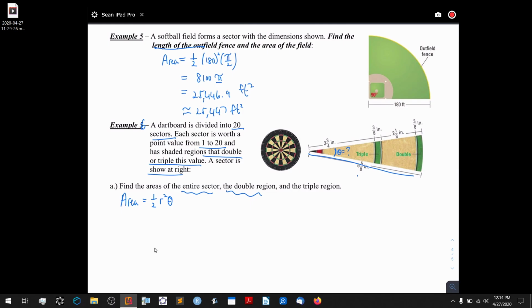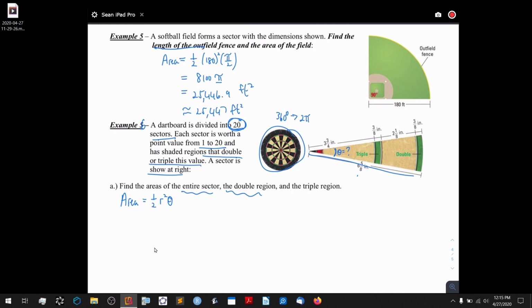Now they gave you some information. There are 20 sectors. You know that a circle is 360 degrees, but we're working in radians, so that's 2 pi radians. Then I'll have to divide that by 20 to find my central angle, because there are 20 sectors in the circle.